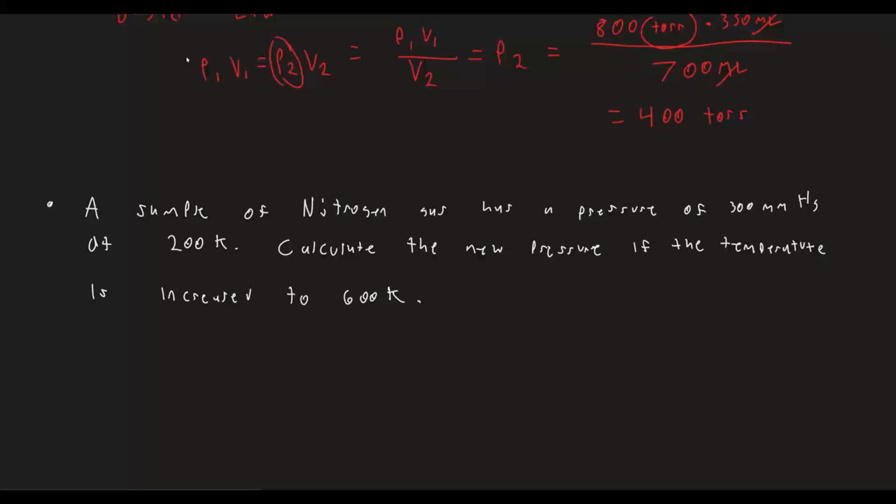So let's look at what we have here. Well, we have a sample of nitrogen that has a pressure of 300 millimeters of mercury. So we have some information right here.